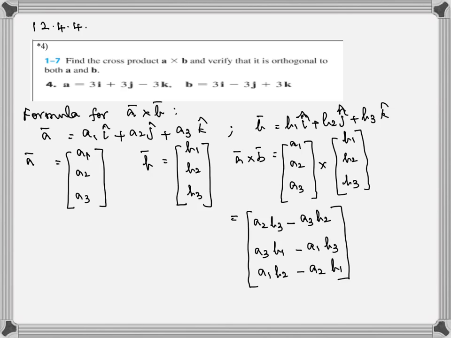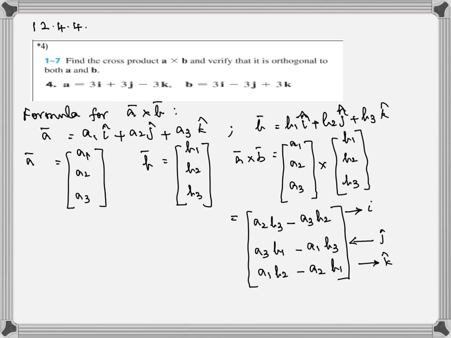Then for the third, hide the row, then it is A1B2 minus B1A2. The first one is the i component, this one is the j component, and this one is the k component.